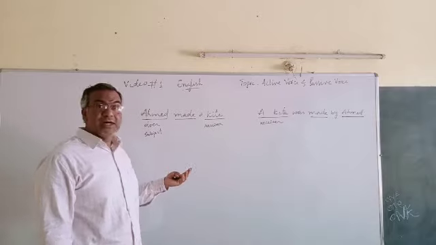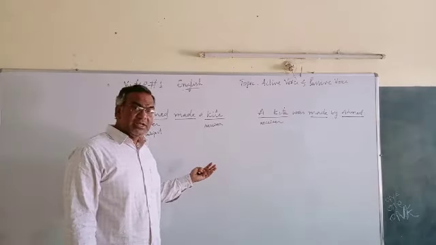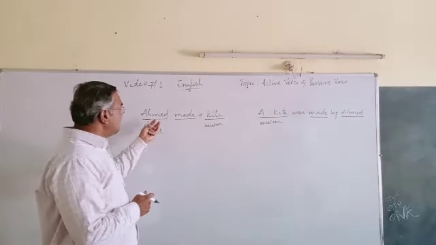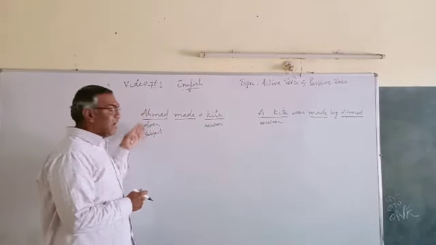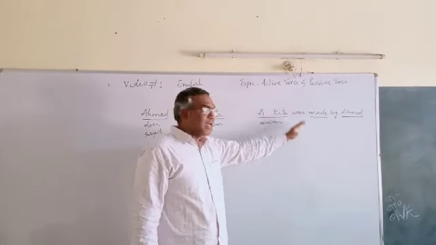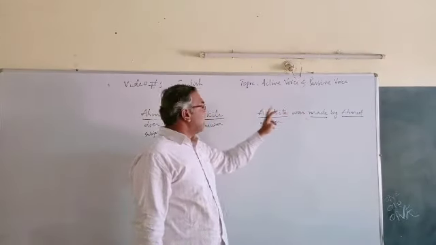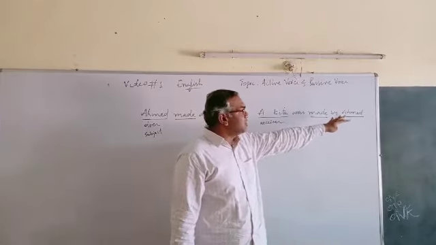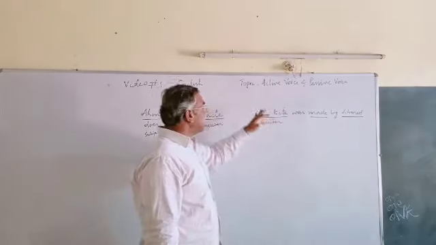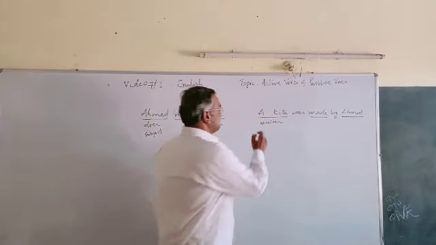Sometimes it may come in the middle of the sentence or at the end. But here, Ahmad is subject and Ahmad is doer. But in the second sentence, Ahmad is not the subject. The doer is not the subject. The kite, the receiver, is the subject here.